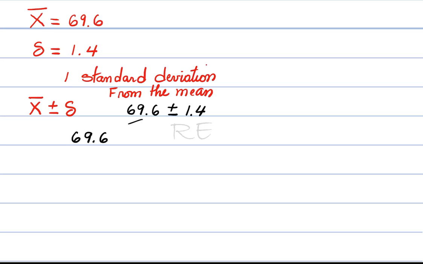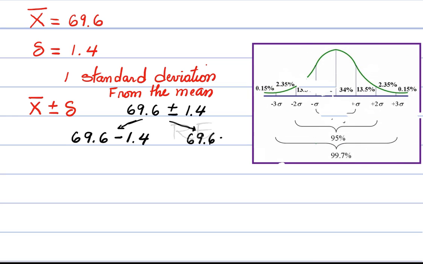First, we are going to subtract 1.4 from 69.6, and then we are going to add 1.4 to 69.6. When we subtract 1.4 from 69.6, we get 68.2. When we add it, we get 71.